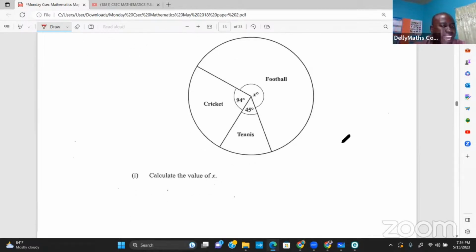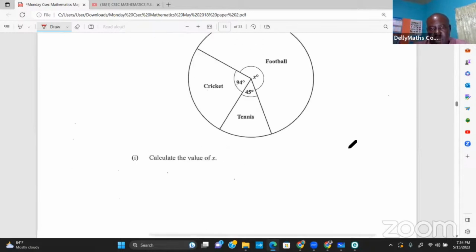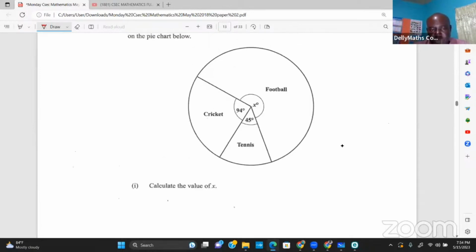Calculate the value of X. X, as you could see, is the angle you want. There are 360 degrees in a circle. We got 94, we got 45.